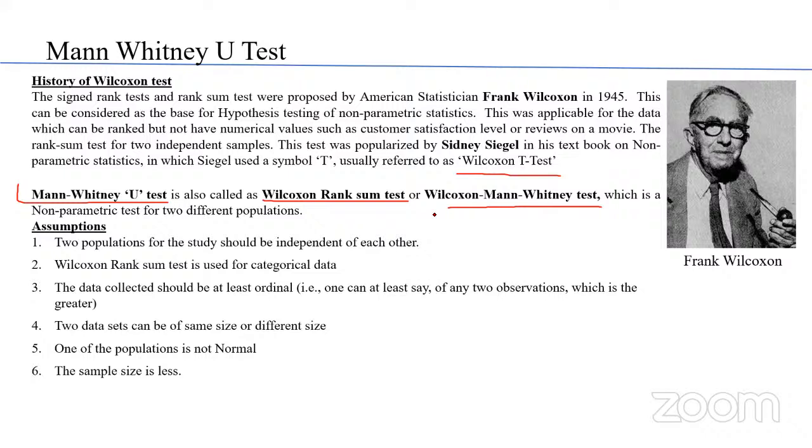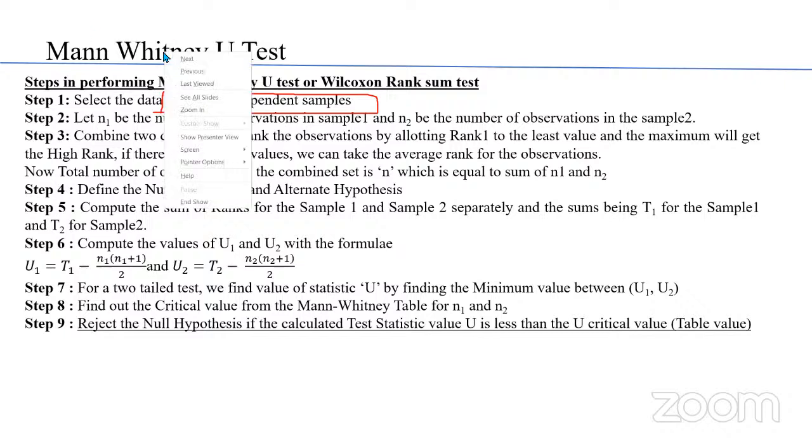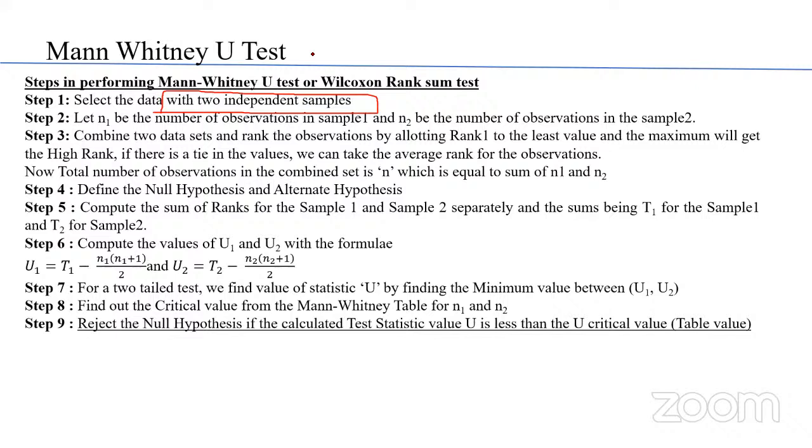There are certain assumptions that are quite similar to earlier ones. Here, you have to select two independent data samples. Can anyone tell what you mean by independent samples? Two independent samples? This is the term which we'll be using, and the learners are going to take an exam.